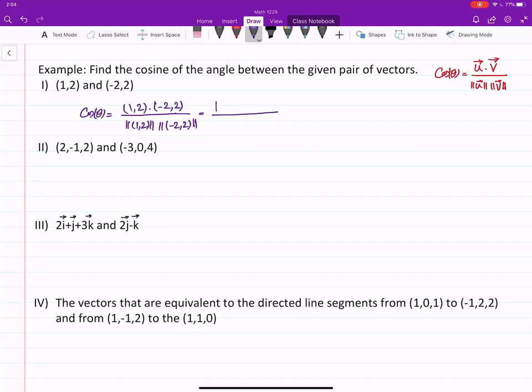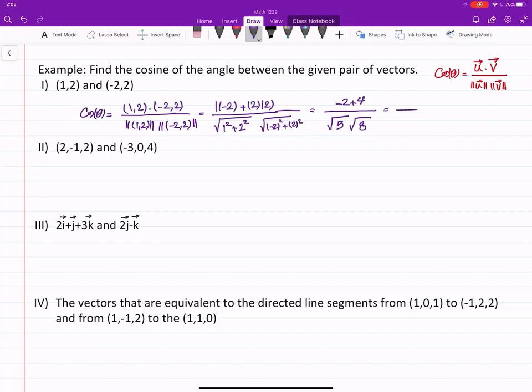This gives us 1 times -2 plus 2 times 2. And then the square root of 1 squared plus 2 squared, that's the length of (1, 2). Then the square root of (-2) squared plus 2 squared. Okay, this gives us -2 plus 4, and downstairs we have 1 plus 4 is 5, root 5, times 4 plus 4 is 8.